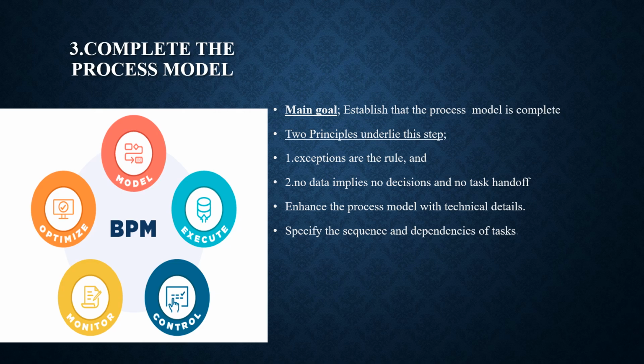Complete the process model. Once we have established the automation boundaries of the process and reviewed the manual tasks, we need to check that our process model is complete. Main goal: establish that the process model is complete. Two principles underlie this step. First, exceptions are the rule, and second, no data implies no decisions and no task handoff.